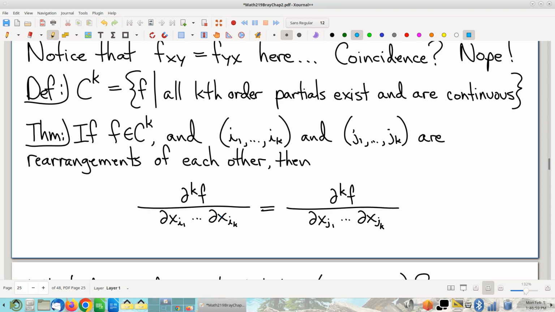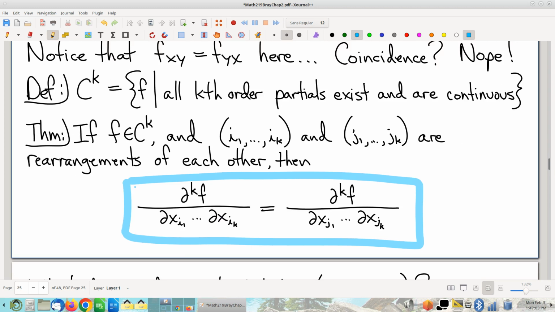Now, first let me point out what I mean by this notation down here, describing what I mean by it works out. And then there is an asterisk. There's a condition on this for this to hold that I do need to discuss. But this is just a formal way of representing that if you take all of the same partial differential applications that you're going to do, but you just put them in a different order, then you get the same thing.